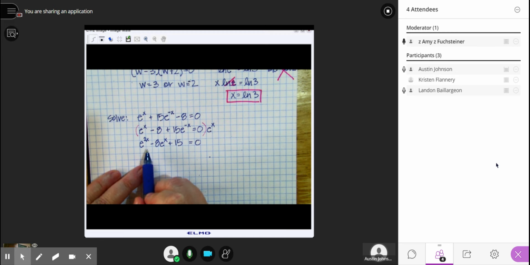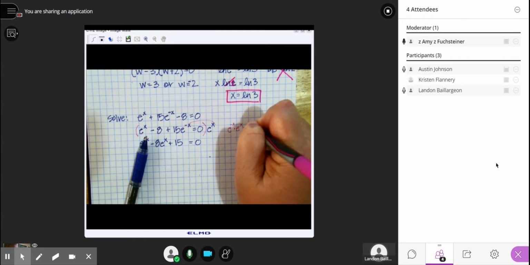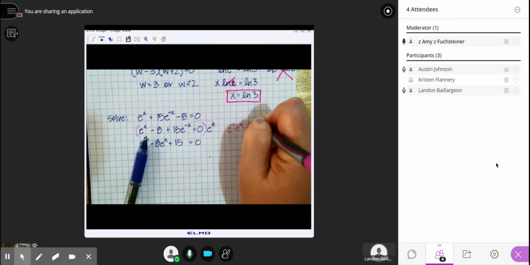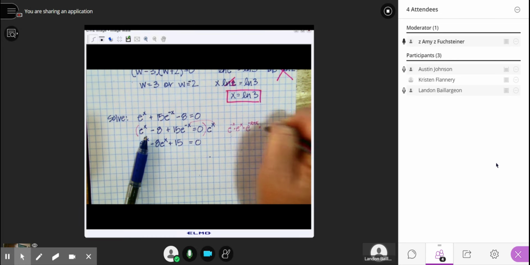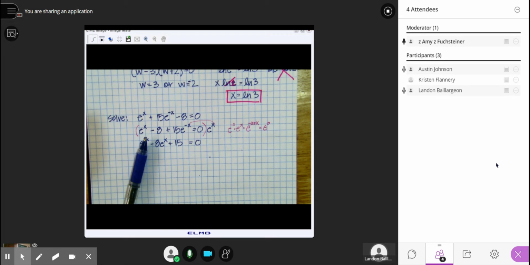And now it's a power rule. E to the negative x times e to the x is e to the negative x plus x. This is e to the 0. And what is any number to the 0?